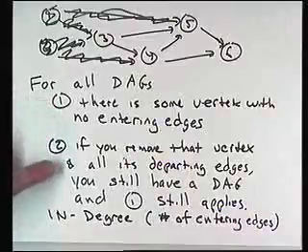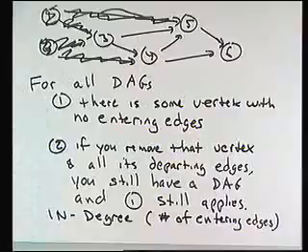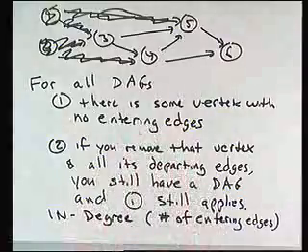And then if you remove that, there will be some other vertex with indegree equal to 0. And if you remove that, and its departing edges, of course, there will be some other vertex with indegree equal to 0. And if you remove that and its departing edges, you still have a directed acyclic graph. There'll be some other vertex with indegree equal to 0. And you keep doing that until you're out of vertices.